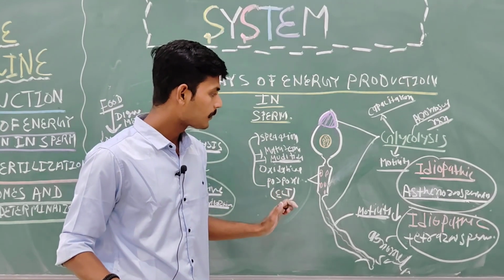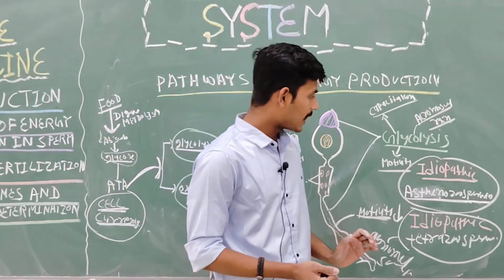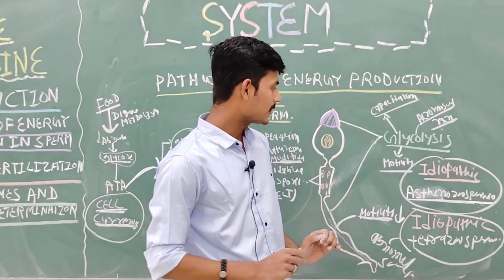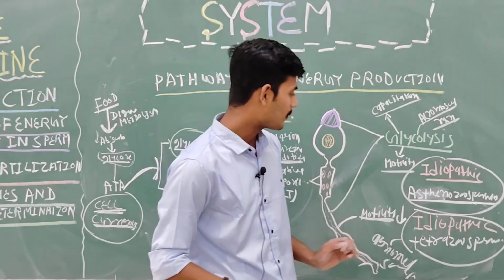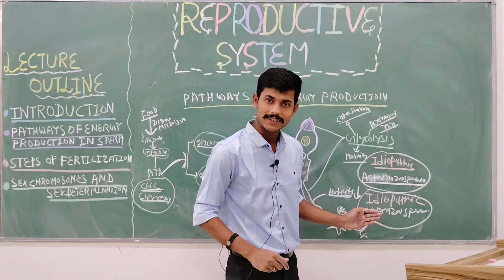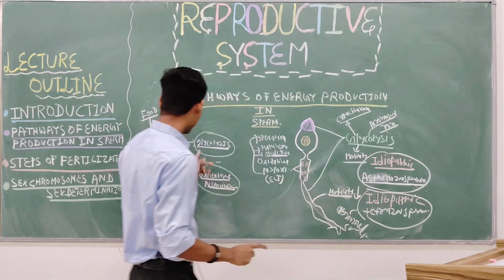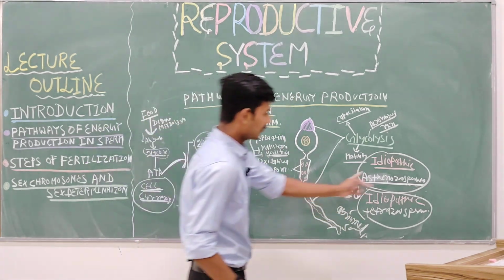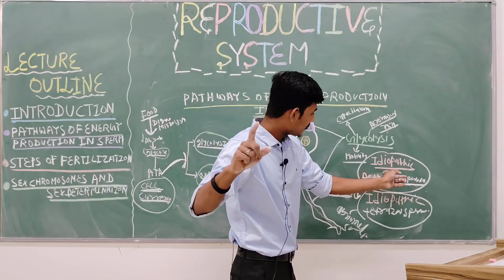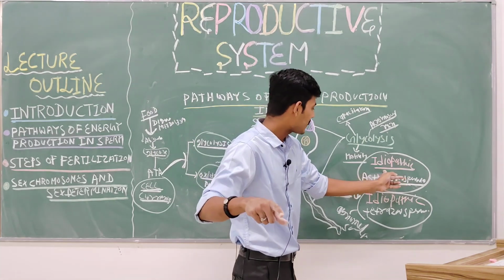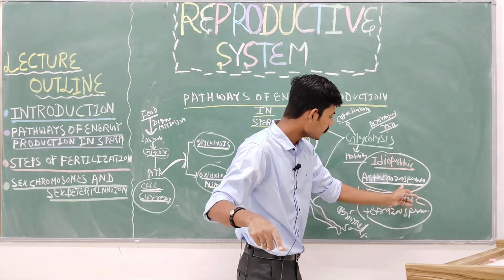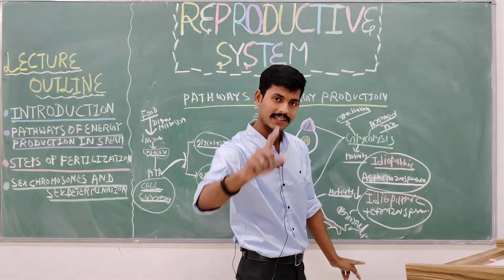Understood? Then the egg said, now I am understanding, sometimes you have a problem, you have reduced motility just because of errors in this biochemical cycle. The reduced motility is referred to as asthenozoospermia, idiopathic asthenozoospermia.